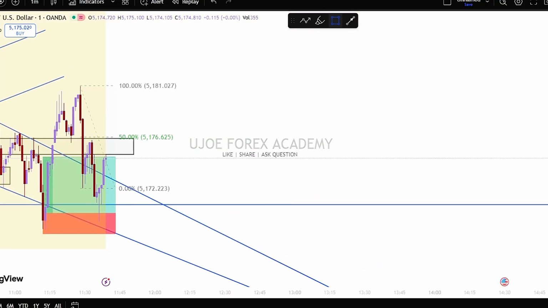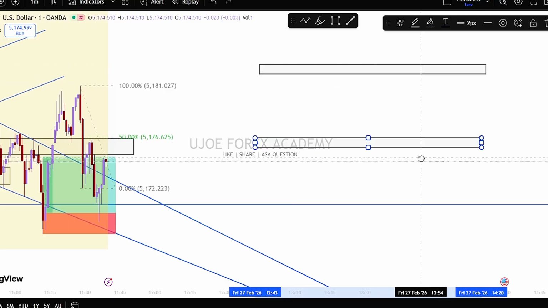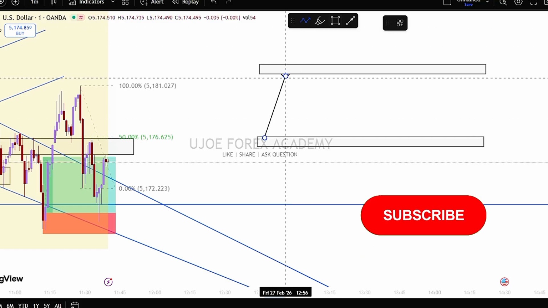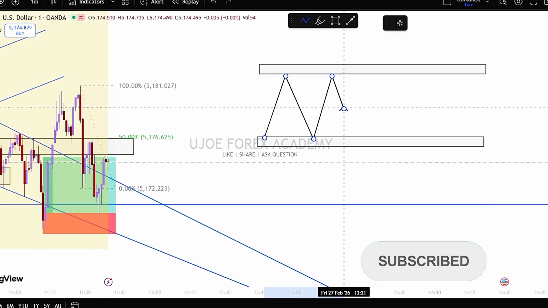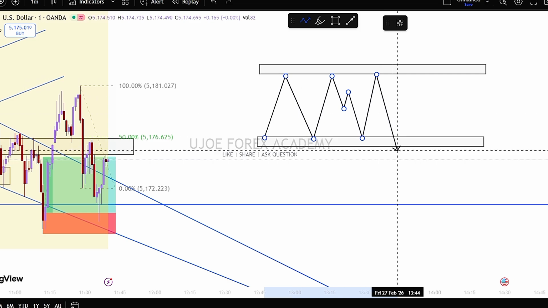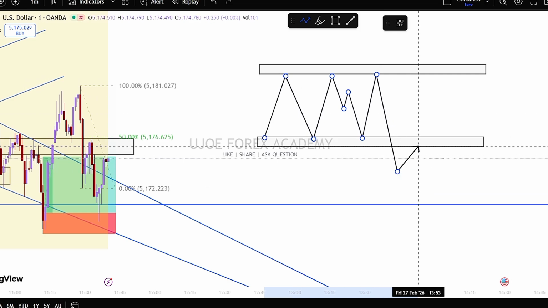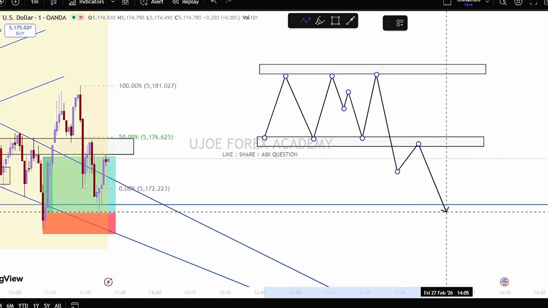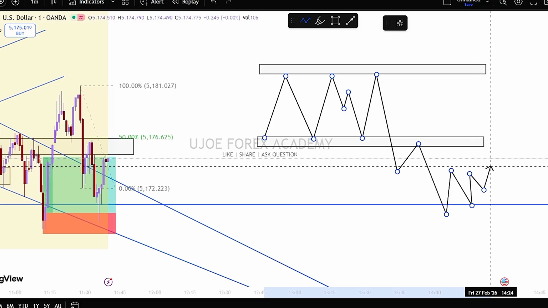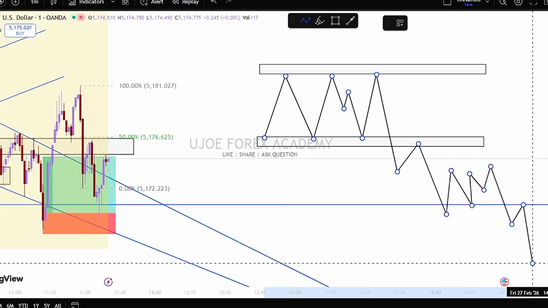What I was expecting, from my initial analysis, if you follow my channel, you find out that most times, if this is a zone, and this is another zone as well, and you have price doing all of this in and around this zone, you find out that most of the time, if it breaks below this zone, what we should be expecting is a retest to this same zone, and then it pushes down, and that would now either form something new like this again, maybe like a wedge, and after forming a wedge, it continues down, retest, and then pull down.